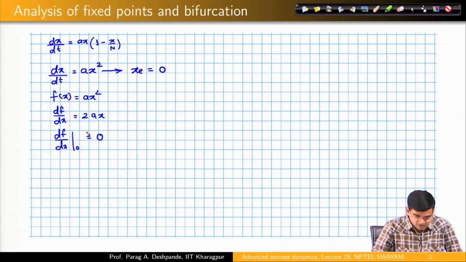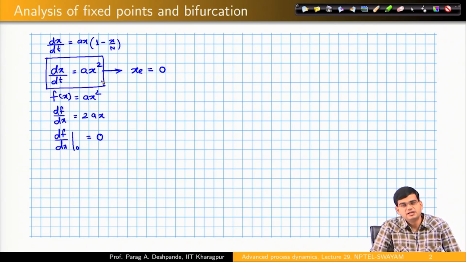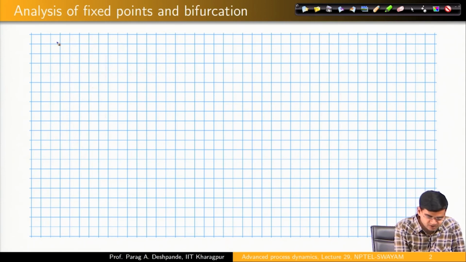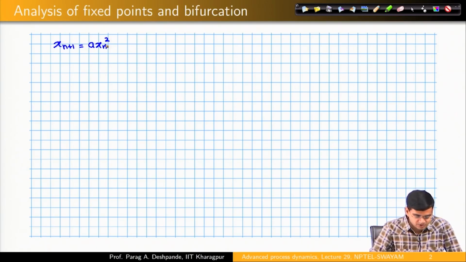Okay. So, now can we do a similar analysis if this equation is treated in the discrete domain. Okay. So, let us say the discrete equation is x n plus 1 is equal to a x n squared. I want to determine the dynamical behavior of this particular equation. So, how do I do this?